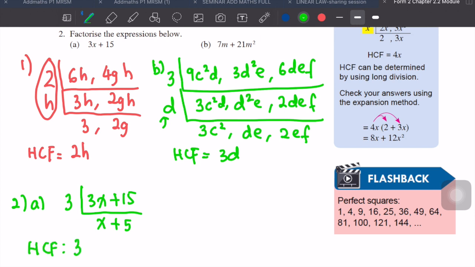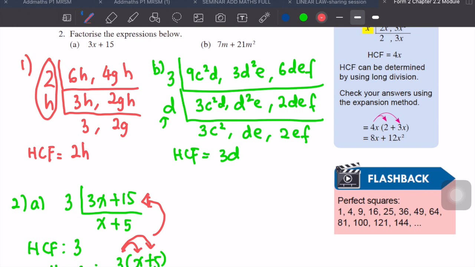Okay. So how can we write the factorization? So hence, 3 times x plus 5. Okay. Kalau tengok balik, kalau darab balik, kita belajar expansion last week kan. Cuba kalau kita darab balik, kita akan dapat balik seperti dalam soalan.